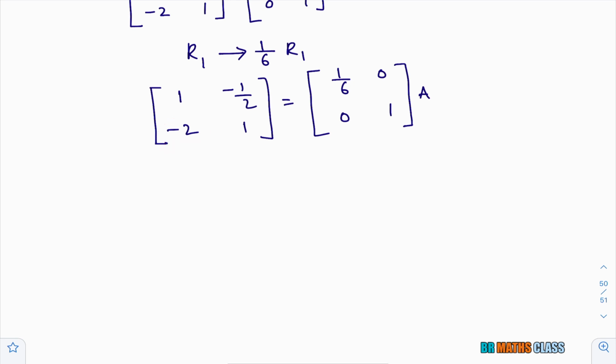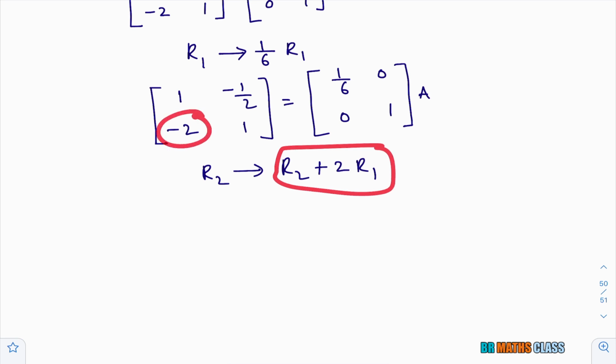So what I'll do here, this is in the second row. I'll use this operation: R2 changes as R2 plus 2 times R1. I want plus 2 now here, so multiply this row with 2, right? If I use this operation, then only I'll get 0.